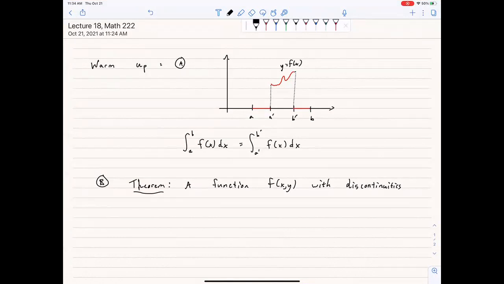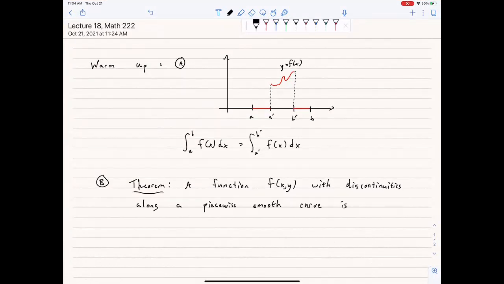Okay, so a function f of x, y with discontinuities along a piecewise smooth curve is integrable.